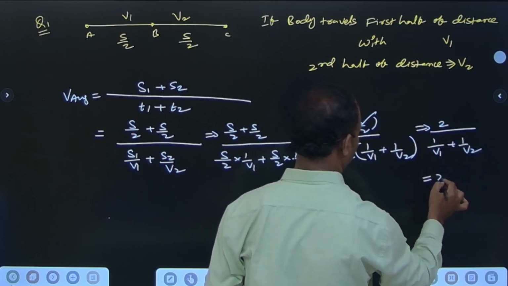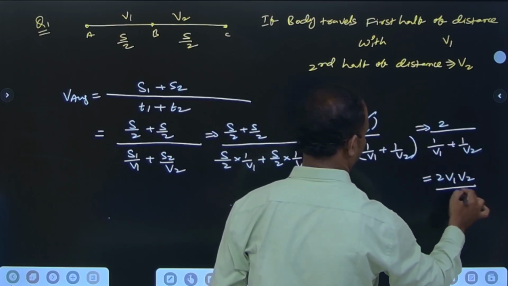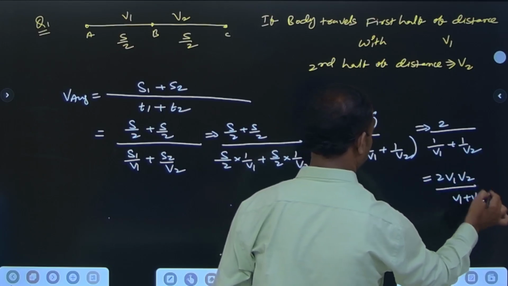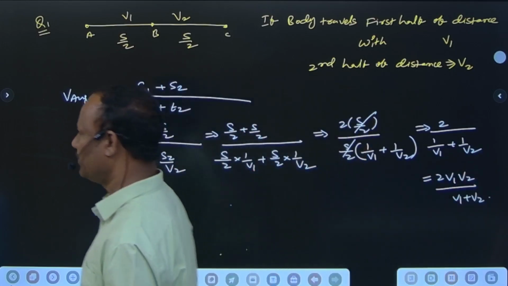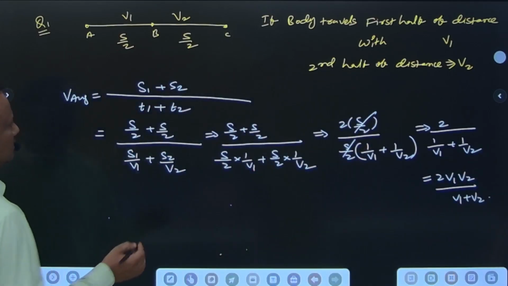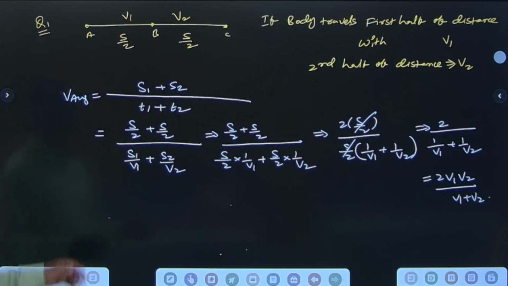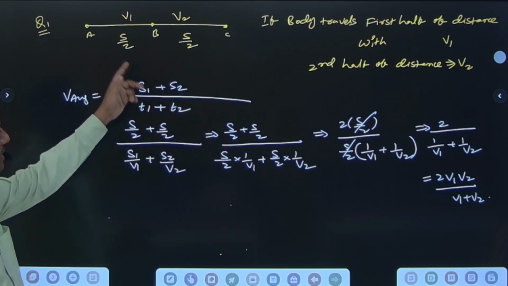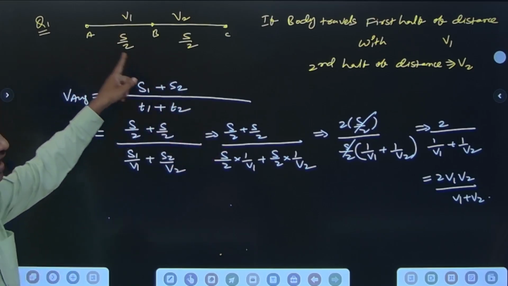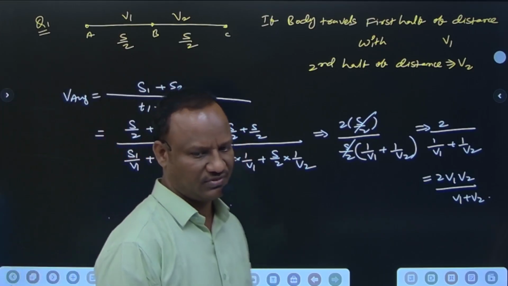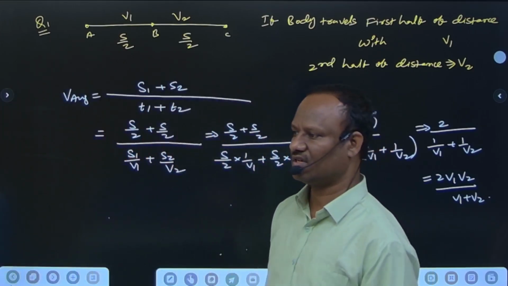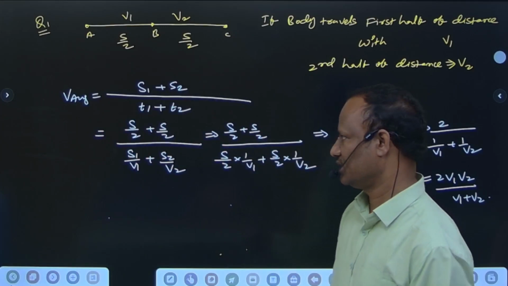Go for simplification: 2 V1 V2 by V1 plus V2. This is a basic model question on distance versus velocity: the first half of distance traveled with a velocity V1, and the second half with a velocity V2.